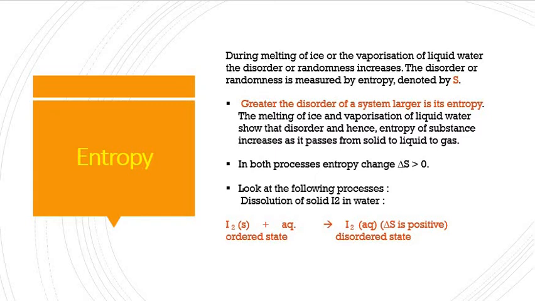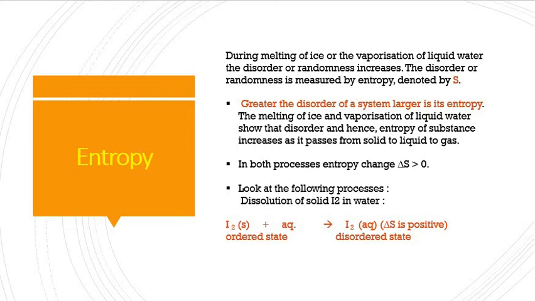Melting of ice and vaporization of liquid water show increasing disorder, so the entropy of the system is also increasing as it passes from solid to liquid and liquid to gas. In both processes, the entropy change delta S is greater than 0.